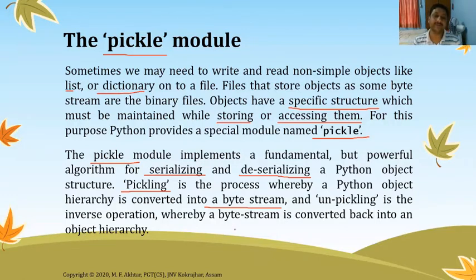When we read some data from the file, that step is known as unpickling. It converts the data stored as a binary stream back into the object hierarchy, meaning a list, a dictionary, a tuple, and so on.